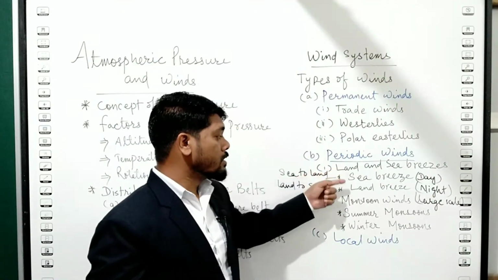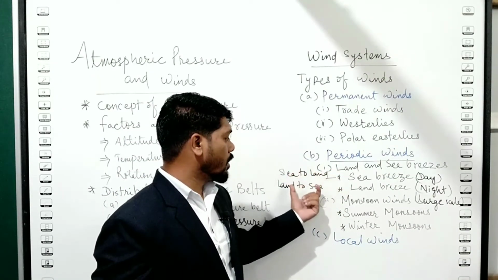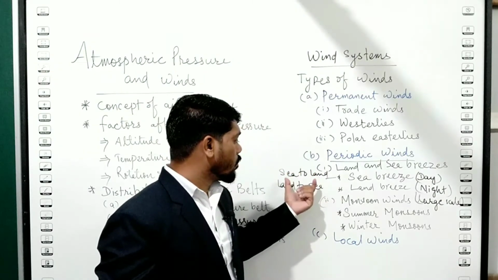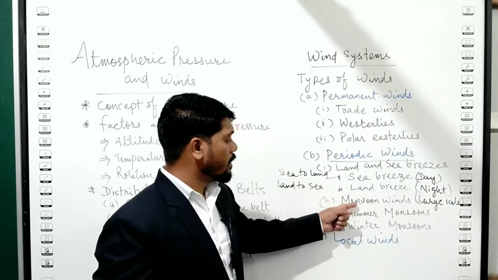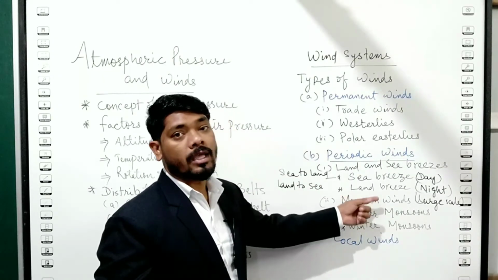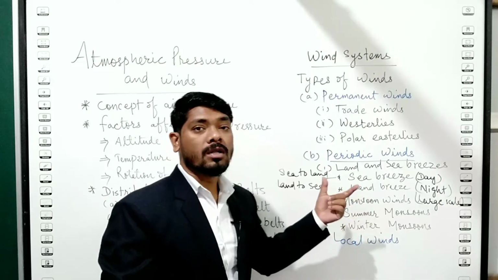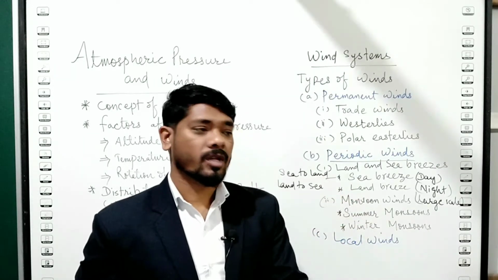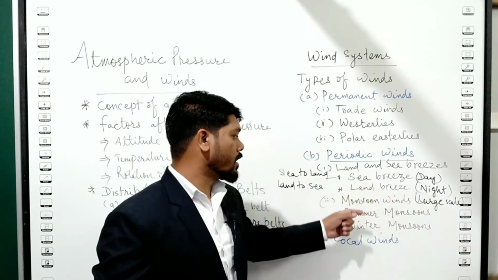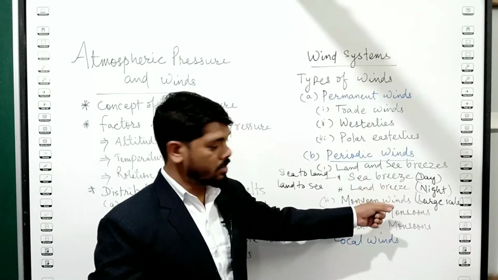But the land breeze and sea breeze will be affecting only the coastal regions. But monsoon winds affect entire South Asia, including all the neighboring countries of India and South Asian countries. So that is why it is known as monsoon winds.